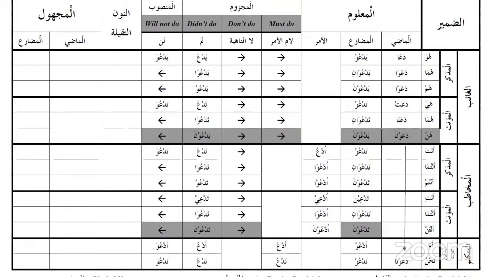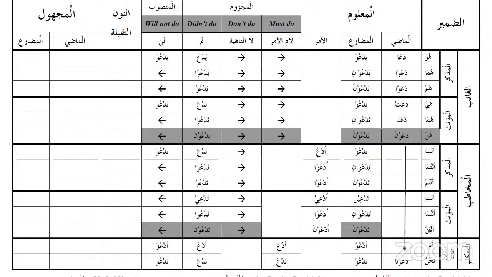Before you move on, it's such a minor little point, but in the amr, when you say anta ud'u and antum ud'u, to a person who doesn't have a piece of paper in front of him, it sounds the same. Yet you have this waw and a sukoon and an alif.